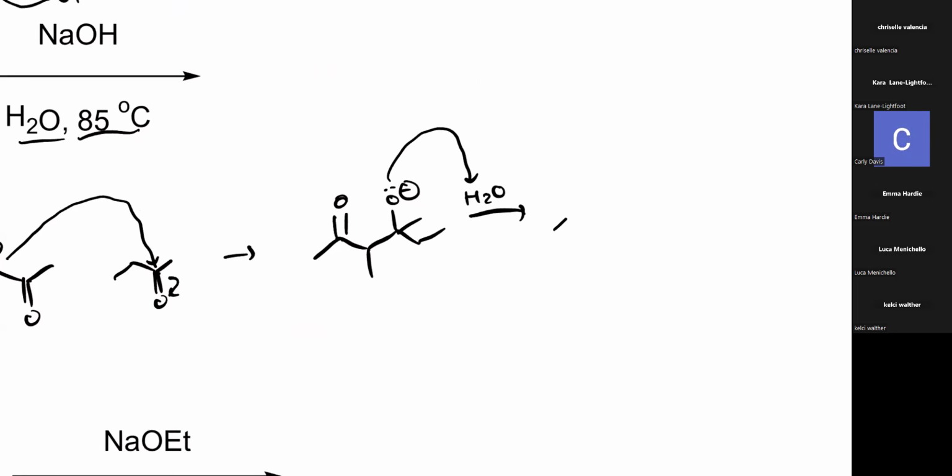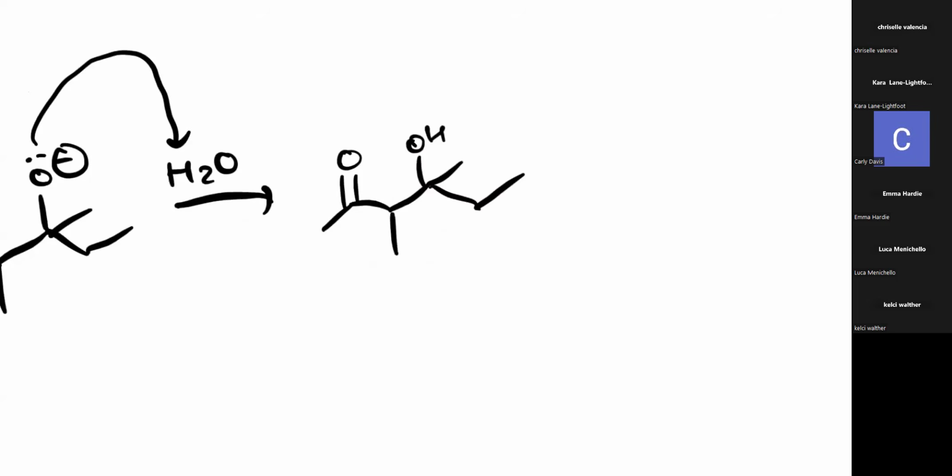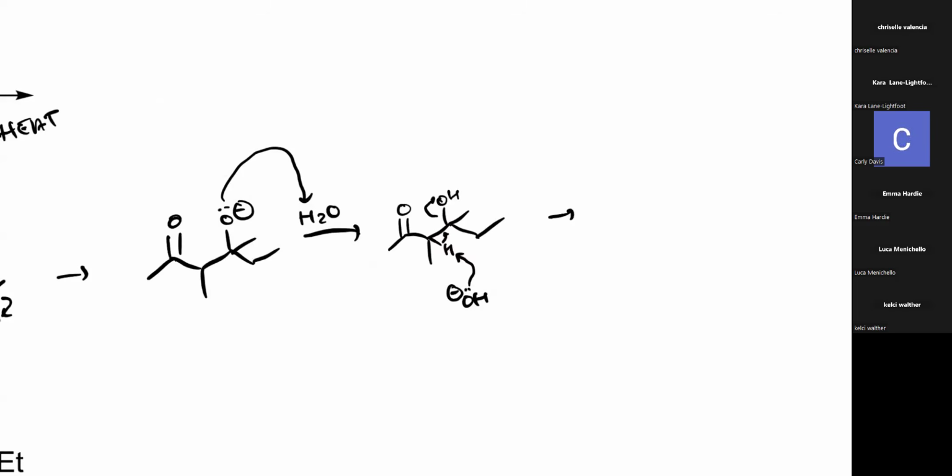So I'm going to protonate it. And then I see that there's heat. That tells me that I'm going to do some sort of condensation. So I'm going to use one of my OHs that I either regenerated or had sitting around, and that's going to do the condensation. And I end up here.